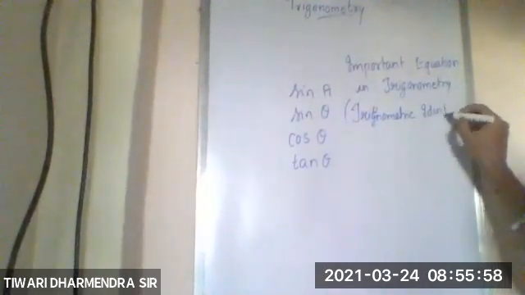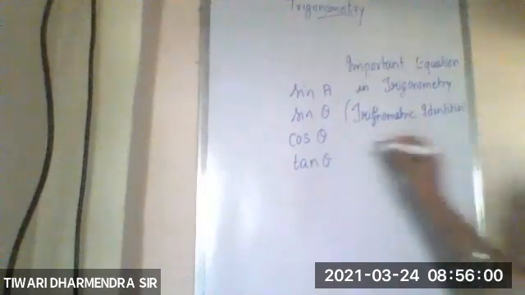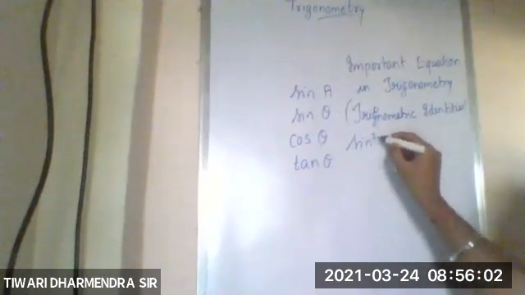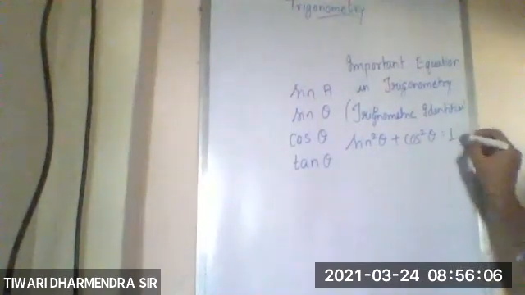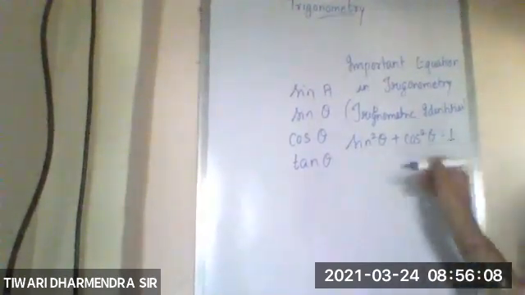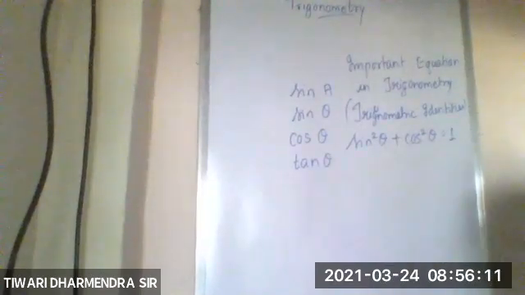Trigonometric identities. That is sine square theta plus cos square theta is equal to 1. So how do we get this equation, sine square theta plus cos square theta is equal to 1? We will see this today.